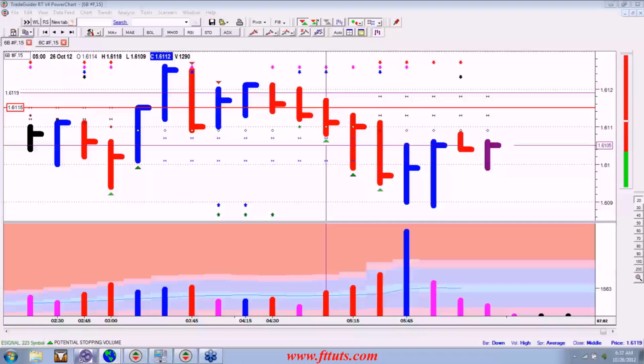All right, so I have some sense of the relative strength and weakness, and because the pound is holding so well in relationship to yesterday, I think it's a candidate here.